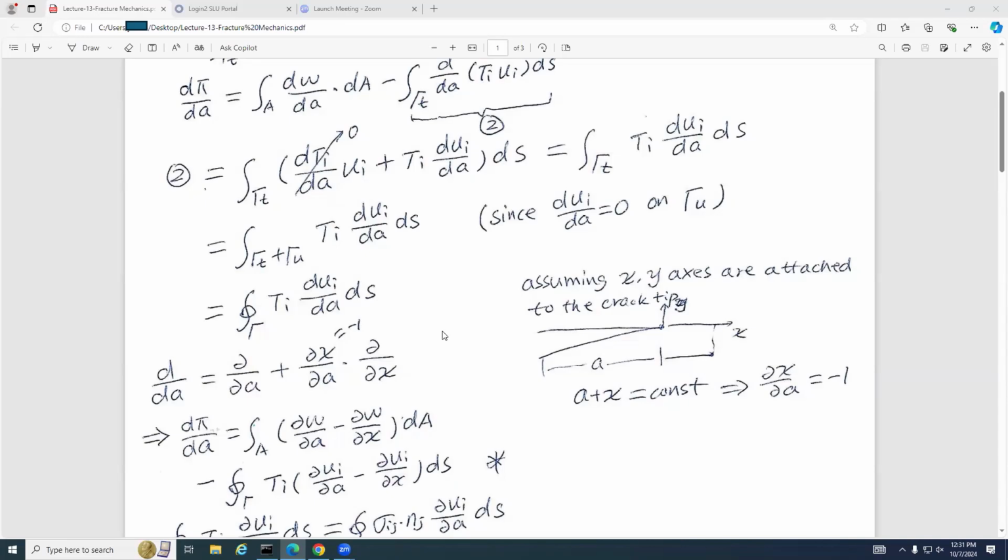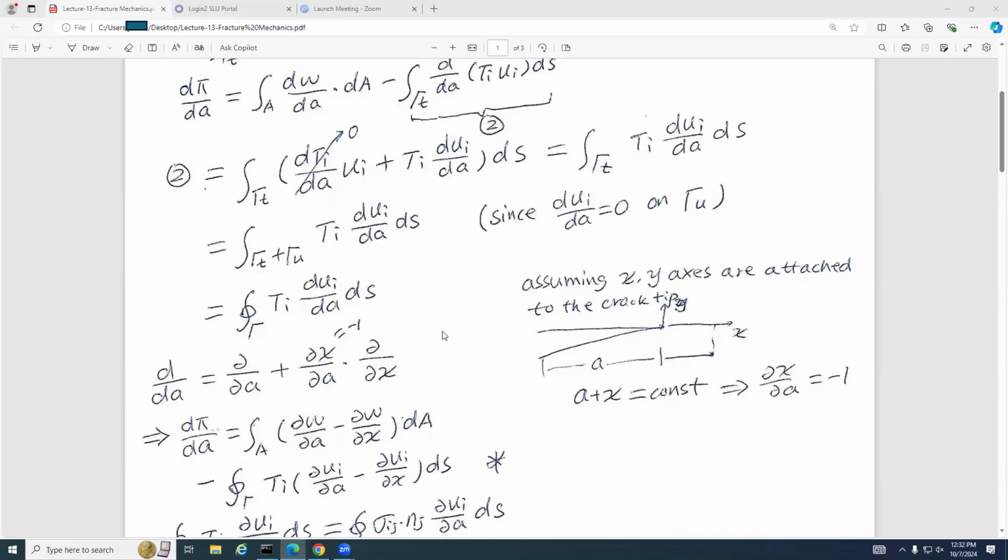Then I take the derivative again with respect to x, so you can see the two dx's cancel out.